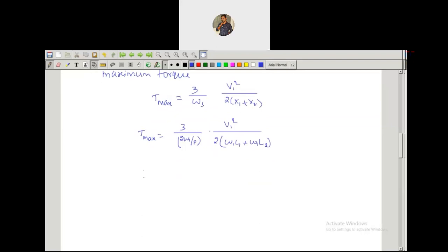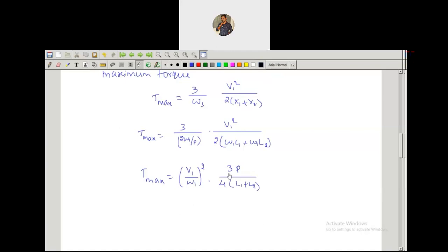So from this equation, I can write down a generalized equation: T max equals V1 by omega 1 whole square into 3p, where p is the number of poles, over 4 times L1 plus L2.